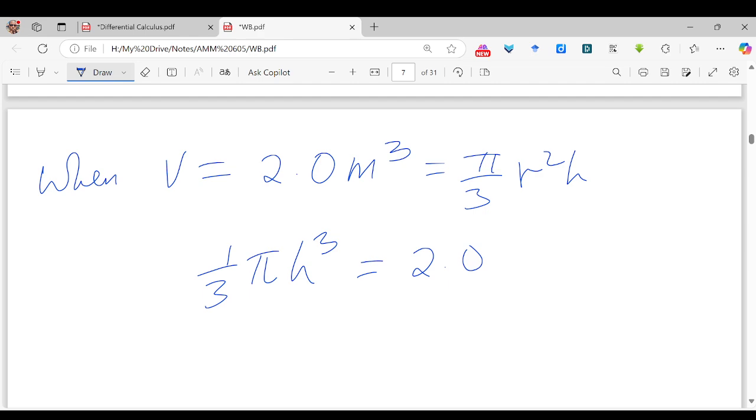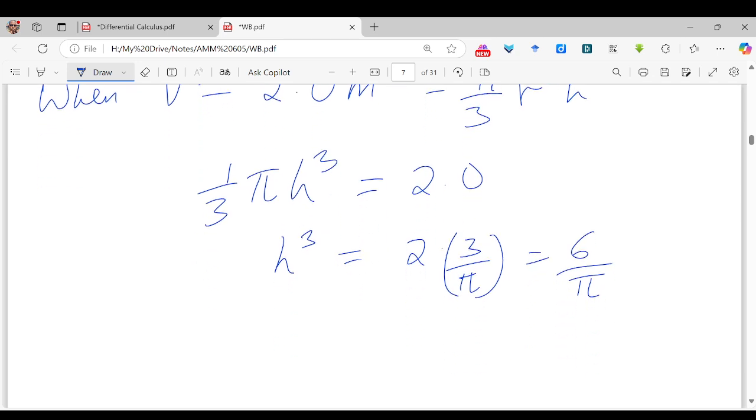So in this case, we can write h cubed is equal to 2 times 3 over pi, or this is 6 over pi. So h will be the cube root of 6 divided by pi. This is the value of h.